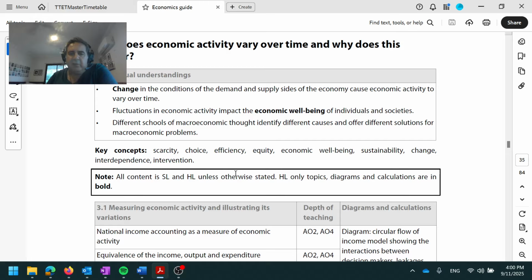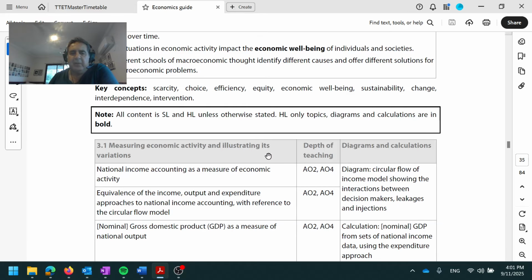But if your real world example or the actual question signifies there's a significant recession happening, then there is absolutely more scope for you to use the Keynesian analysis, so the Keynesian aggregate supply curve. So it just depends on the actual question being asked and or your choice of real world examples.